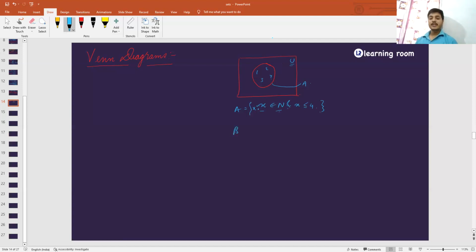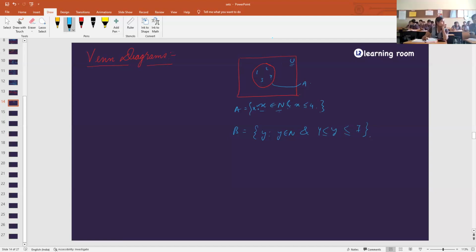Now if I write a set B of Y such that Y belongs to N and Y is greater than or equal to 4 and less than or equal to 7, how many elements will be there? 4 elements only: 4, 5, 6, 7.